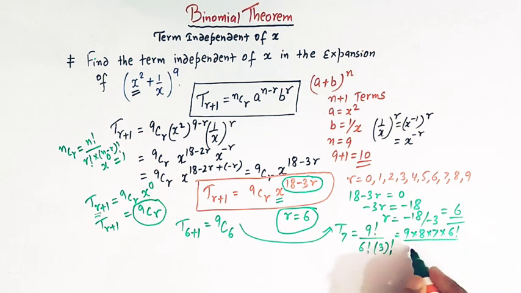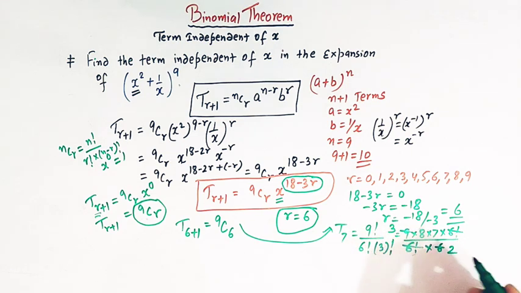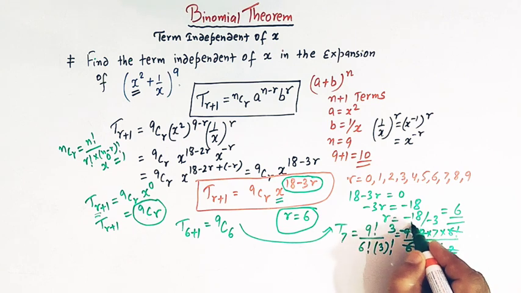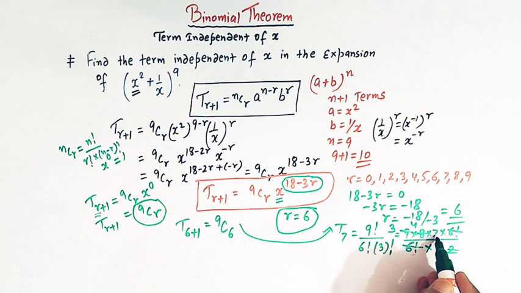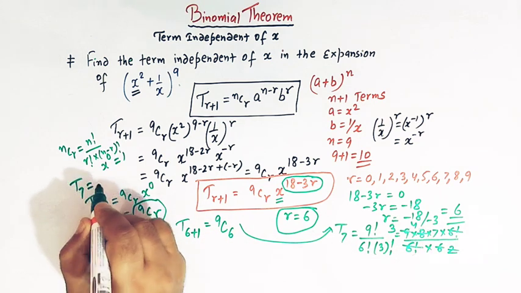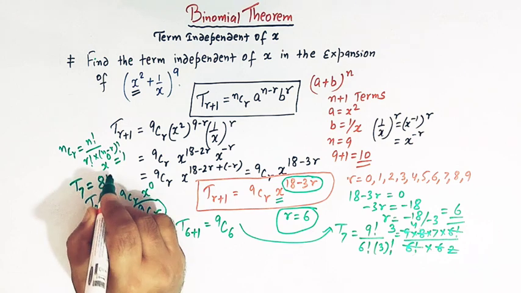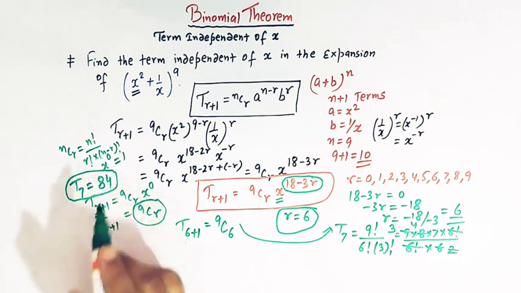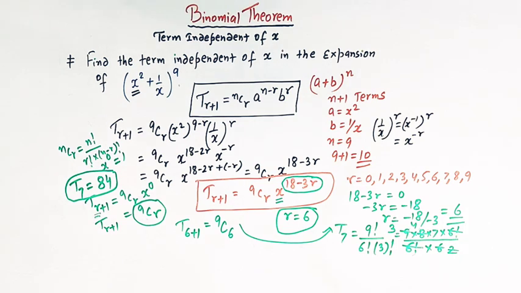The 6 factorial cancels, and 3 factorial is 3 × 2 × 1. So 3 threes are 9, 2 fours are 8, 3 fours are 12, and 12 sevens are 84. So the seventh term is 84, and this term is independent of x.